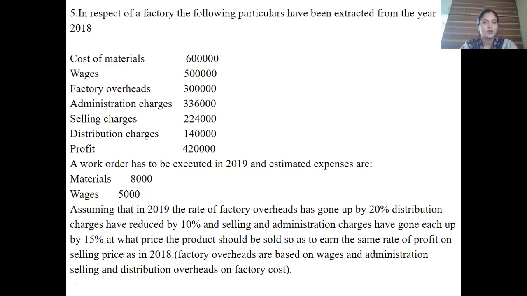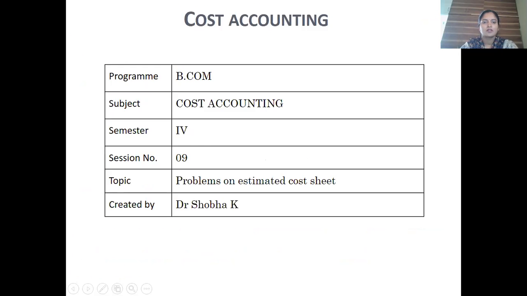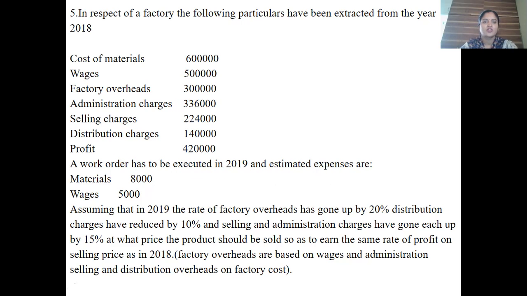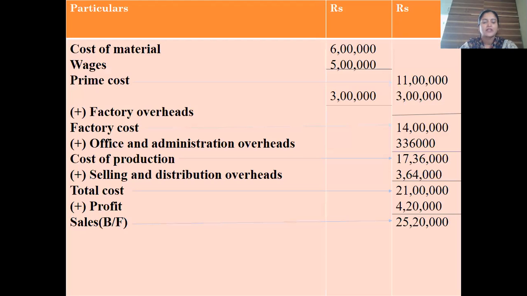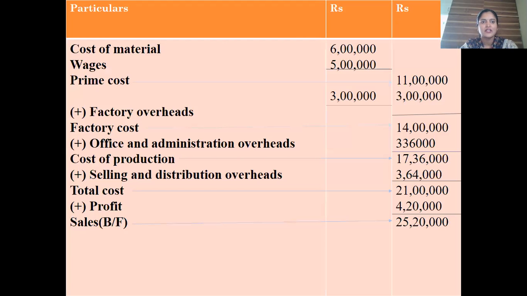Okay, let us move on to the calculation of this problem. See here, let us calculate for this problem 2018. First we need to calculate the cost sheet. Normal cost sheet should be prepared. Say cost of material, how much has been given? 6 lakhs. You have taken the cost of material as 6 lakhs.